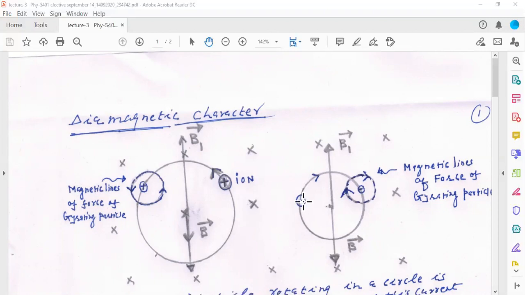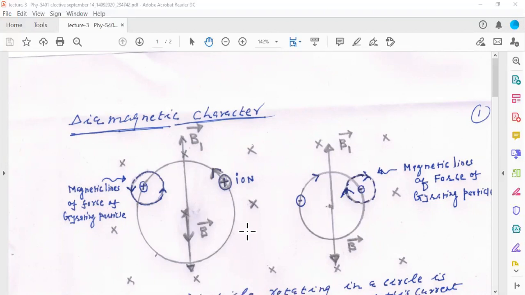The electron is gyrating in the clockwise direction, while the ion is gyrating in the anti-clockwise direction, so the directions of gyration are opposite to each other. But the ring of current produced by the rotating electron or the rotating ion will be in the same direction, because here we are talking about the conventional current.